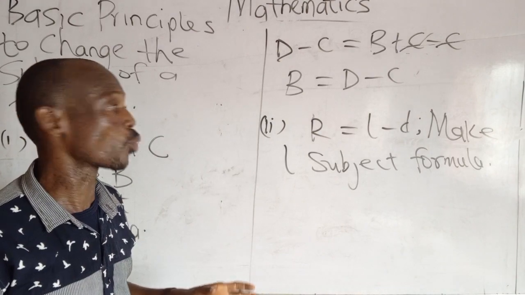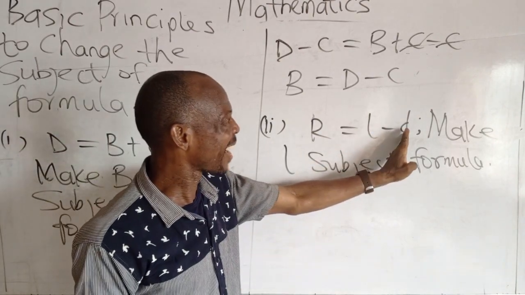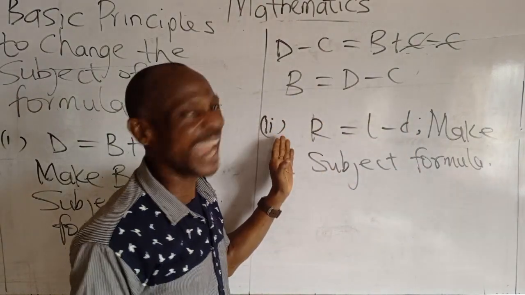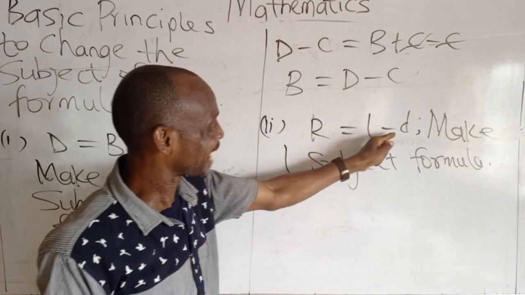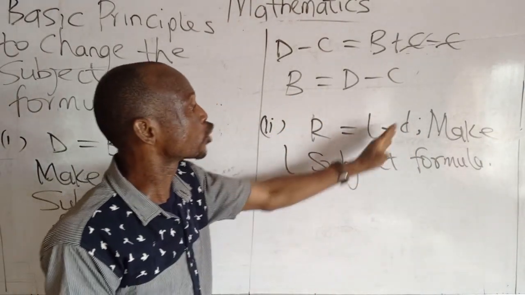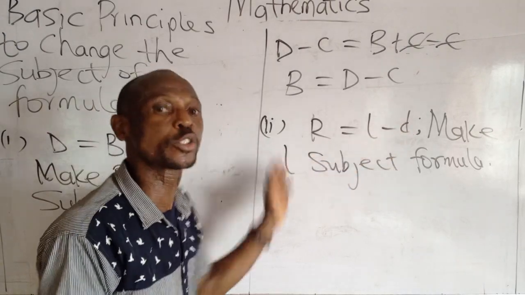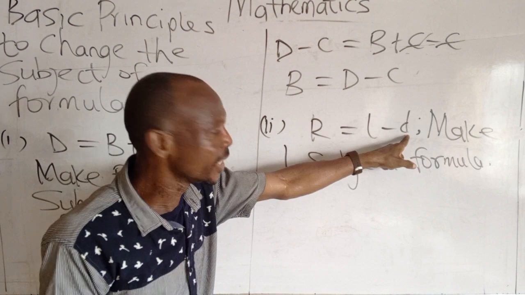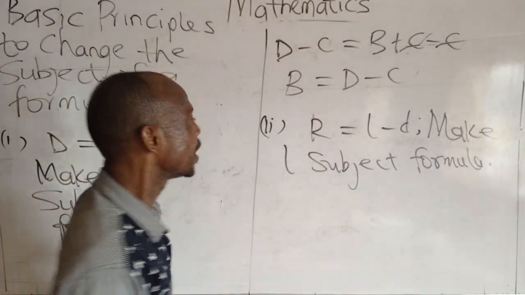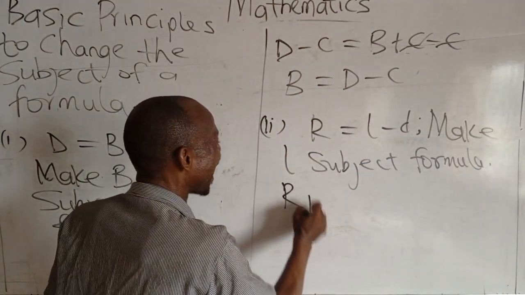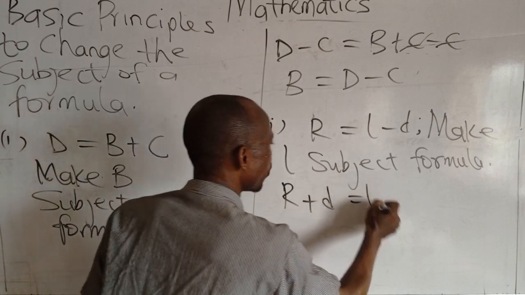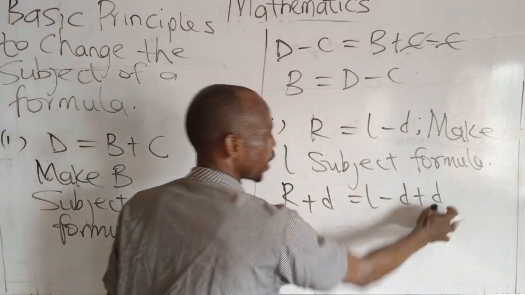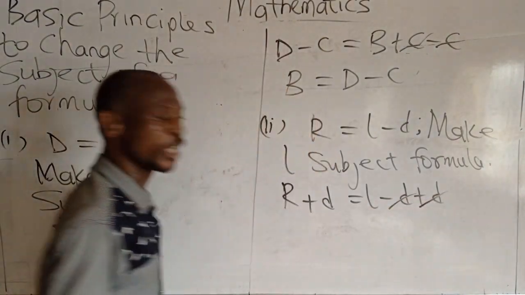That simply means if we want to carry a value or a letter to the other side of the equation that is carrying a negative sign, we are going to add that value to both sides. So we are simply saying add D to both sides of the equation, and that gives us R plus D is equal to L minus D plus D. So minus D plus D, we cancel off each other.